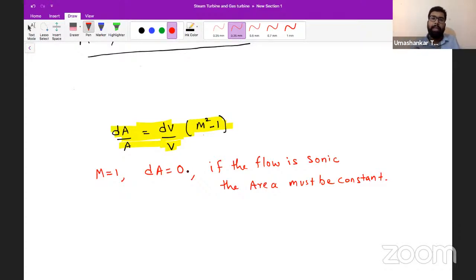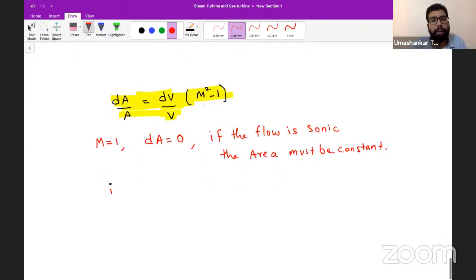Now tell me, is it possible? From the mathematics you are seeing right now, if the flow is sonic, the area must be constant, so either any one thing has to be changed. What I'm trying to say is, if Mach number is 1, the area must be constant.